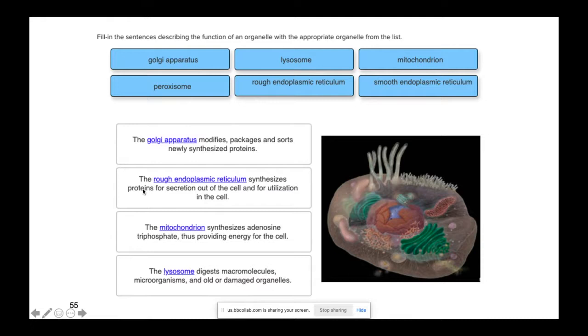The rough endoplasmic reticulum synthesizes proteins for secretion out of the cell and for utilization in the cell. That's the rough ER. The mitochondria synthesizes ATP, adenosine triphosphate, for energy of the cell. And lysosomes digest macromolecules, microorganisms, and all damaged organelles. Remember, lysosomes can be produced by the Golgi apparatus. They have these digestive enzymes, and they dump hydrogen on whatever it's trying to destroy.